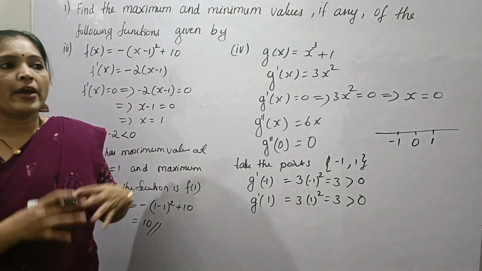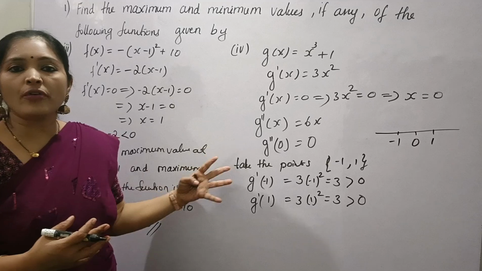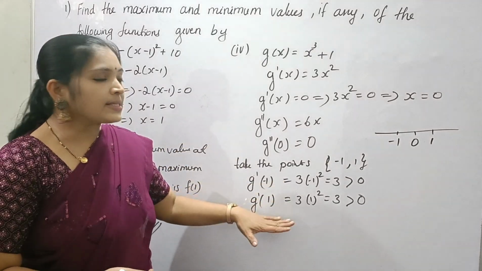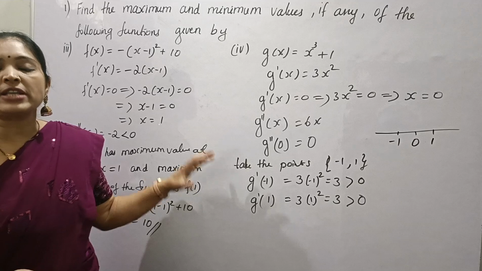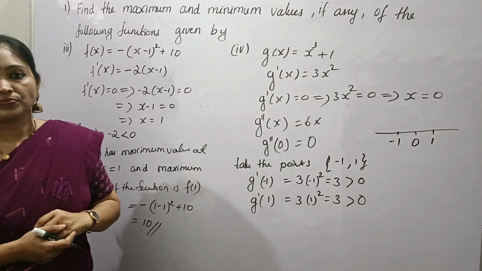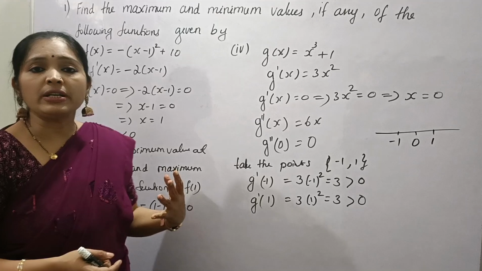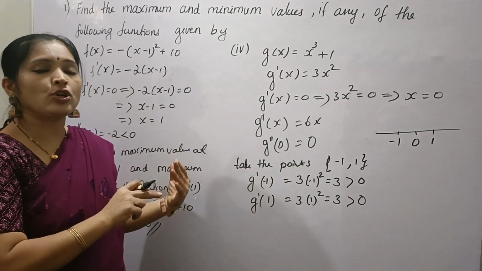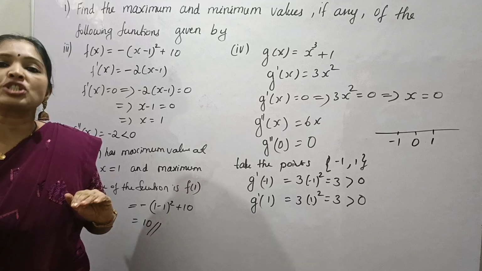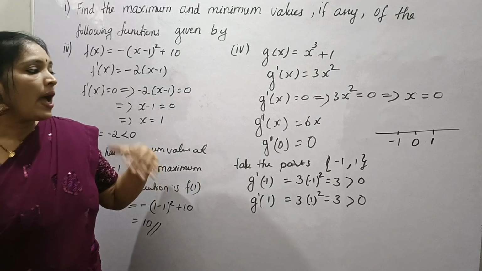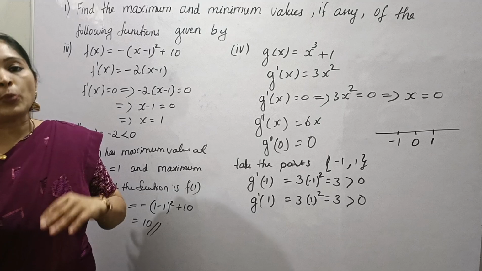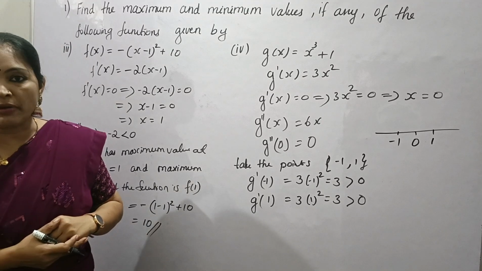See here, the sign of g dash of x does not change, right? So we can say the function g of x does not attain maximum value or minimum value. Because what is our first derivative test? If f dash of x changes sign from positive to negative, then the function has a maximum value. And if f dash of x changes sign from negative to positive, then the function has a minimum value.